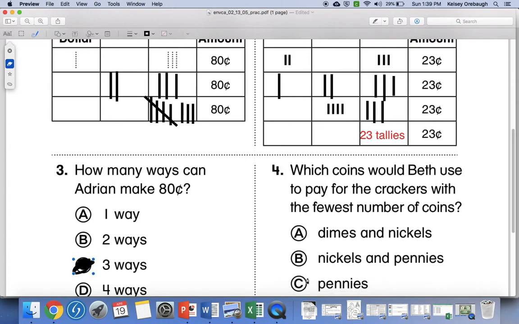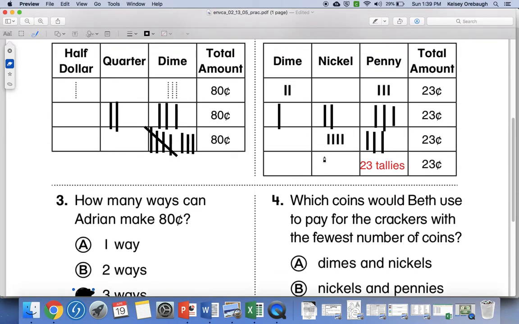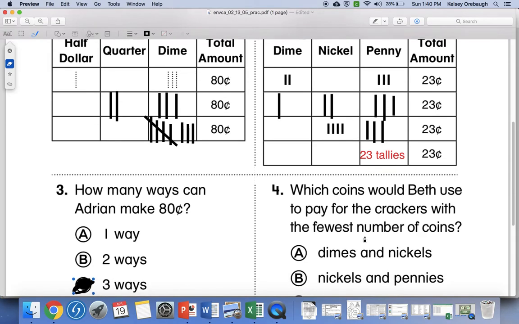Okay, so we know C right off the bat is not going to be correct. Dimes and nickels. Let's see how many dimes and nickels she used. Just dimes and nickels? Well, she didn't use just dimes and nickels. So that's not going to be the correct answer.